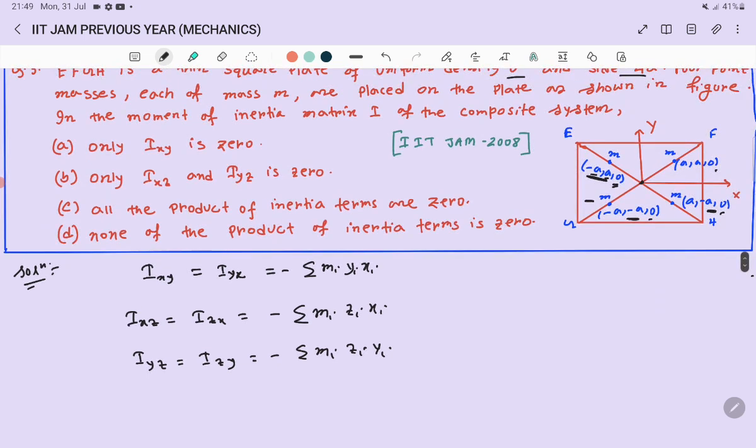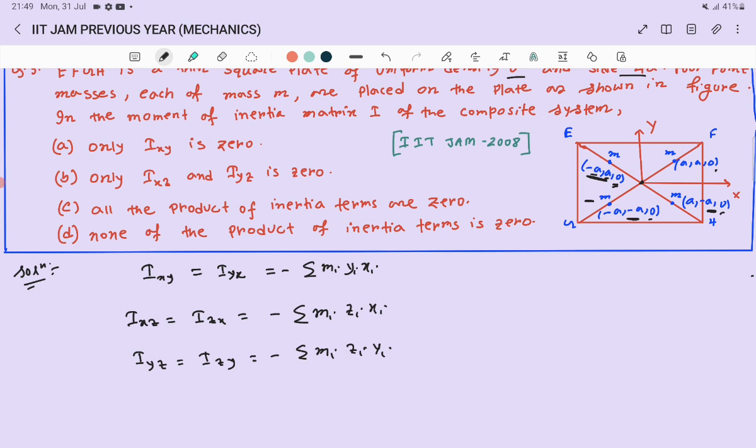Now you can see there are 4 masses. From this figure you can see there are 4 masses, and the coordinates of each mass are also given. But in the coordinates you can see that the z coordinate is 0 for each mass. Let us take the first as minus a comma a comma 0, then the second is a comma a comma 0, third is a comma minus a comma 0, and fourth is minus a comma minus a comma 0.